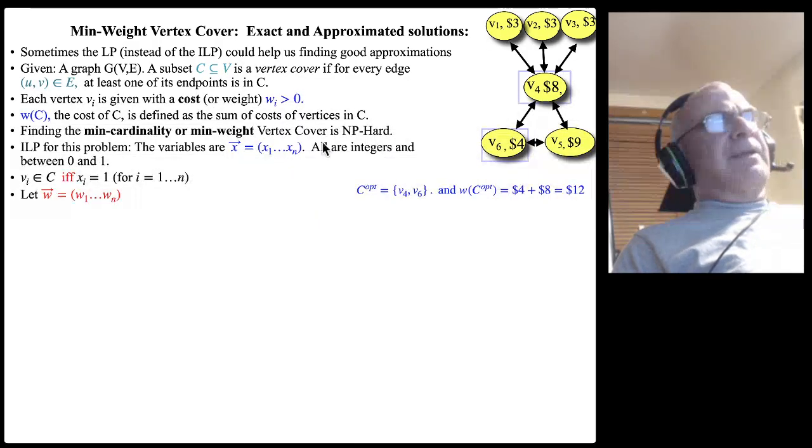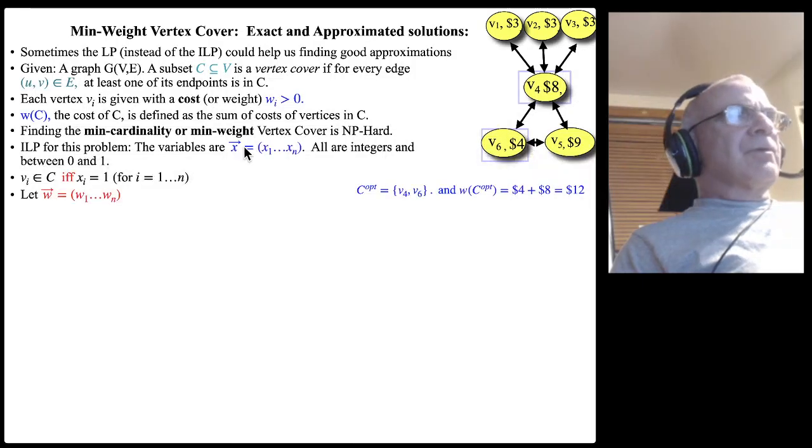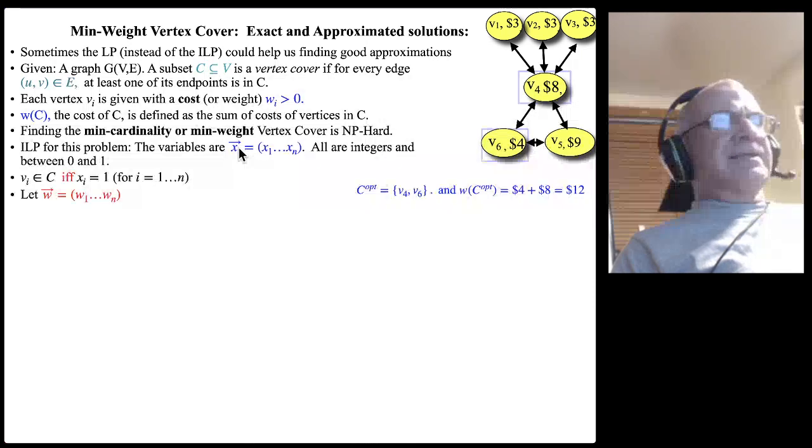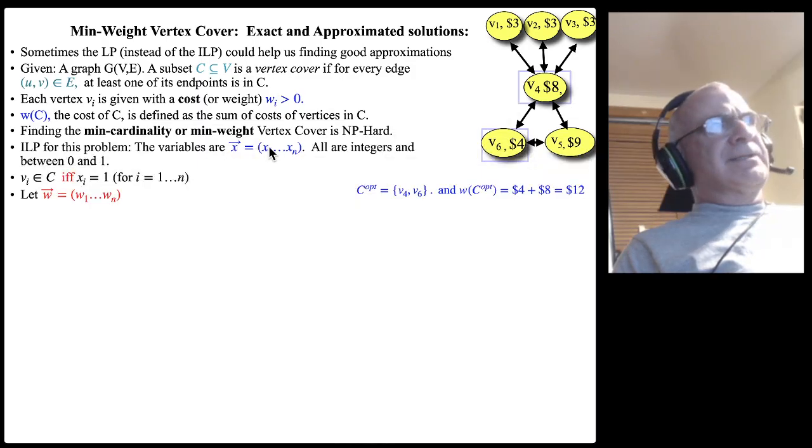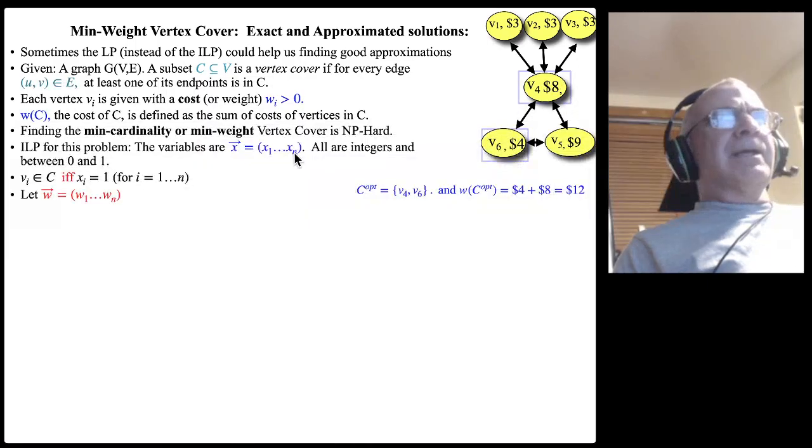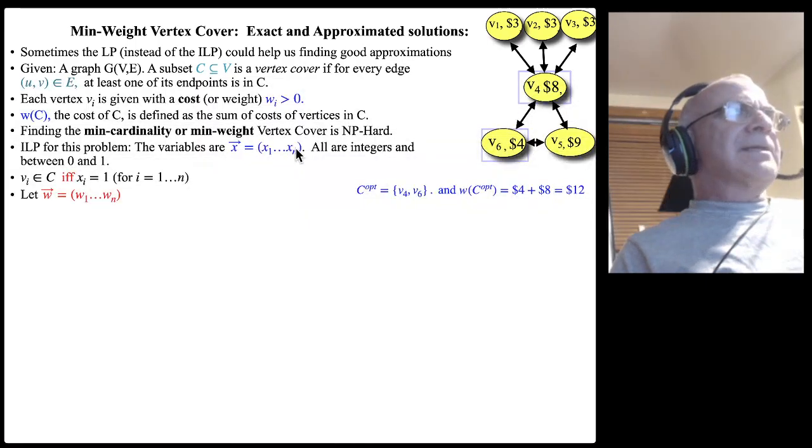For the vertex v1, I'll denote a variable, an unknown, called x1, and for the last vertex over here, probably v6, x6 is the last variable. The list of all these variables I'll denote by x vector, using the arrow notation above the x, that is, x with an arrow above it means the list of all the variables x1 dot dot dot xn. And how these variables are related to the vertex cover problem is very simple.